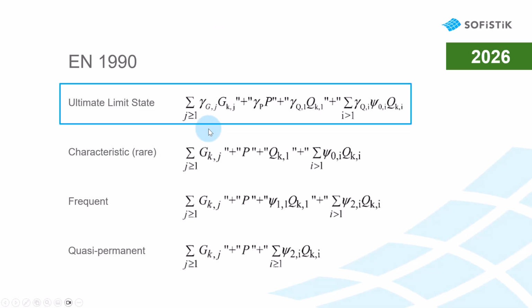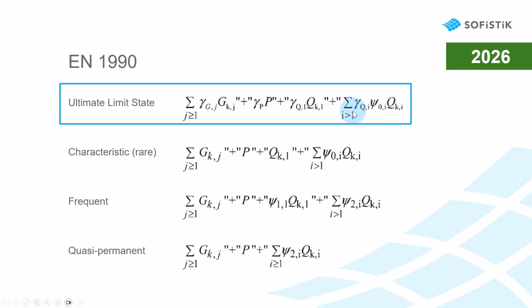Let's recall how the Eurocode defines the ultimate limit state combination. It is made up of the permanent actions, pre-stress, which is not relevant in our case, and the variable actions. Each action has to be multiplied by a safety factor.